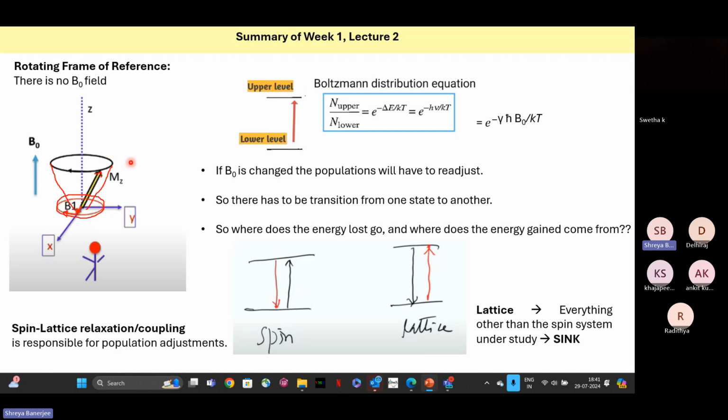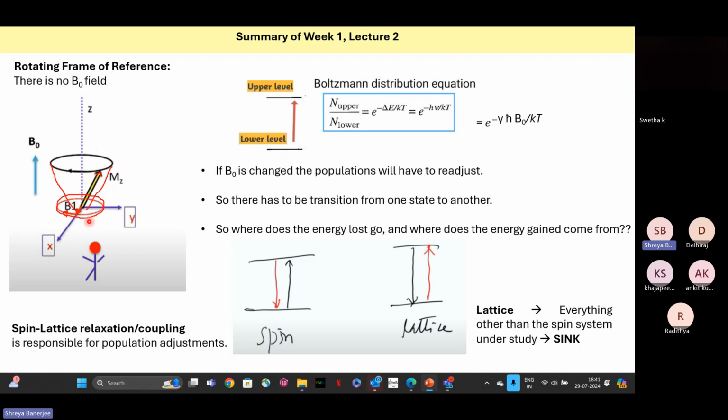So the laboratory frame of reference is when the observer is standing far away. And when the observer is standing far away, he can see that the angular momentum vector is moving along in a cone-like fashion. And so he will think, because the angular momentum vector is moving, there is a net magnetic field.